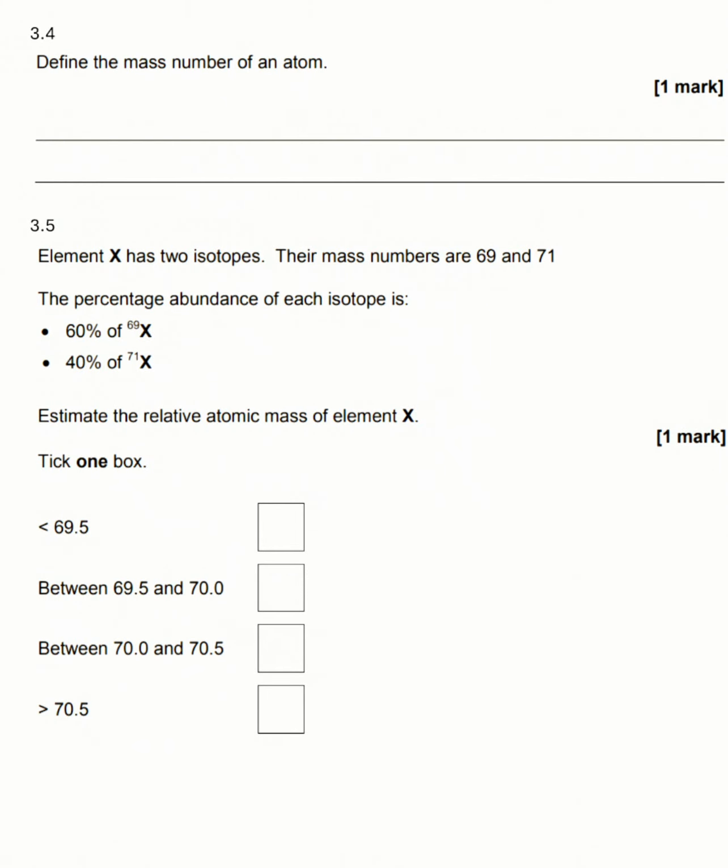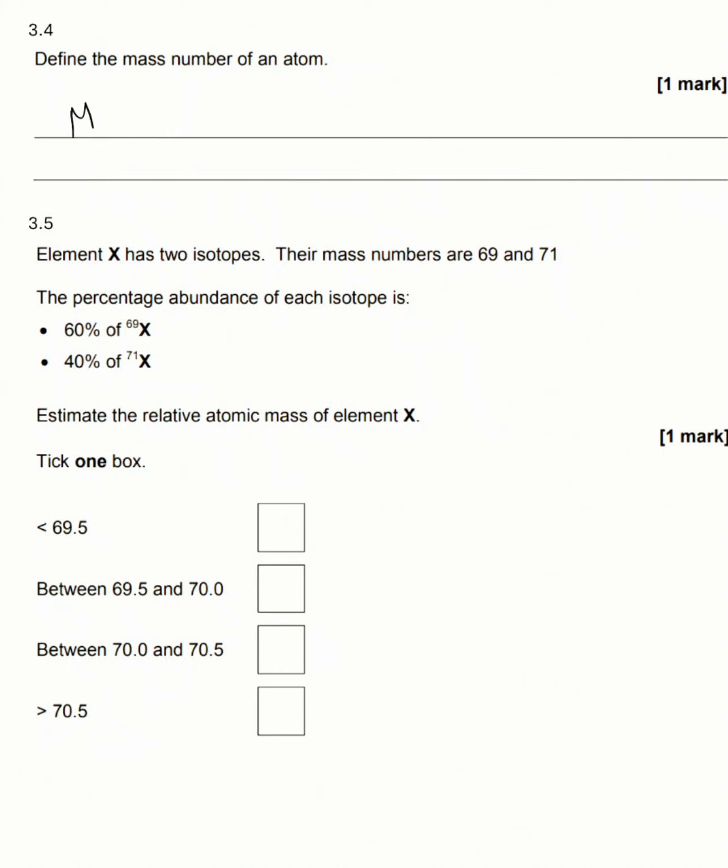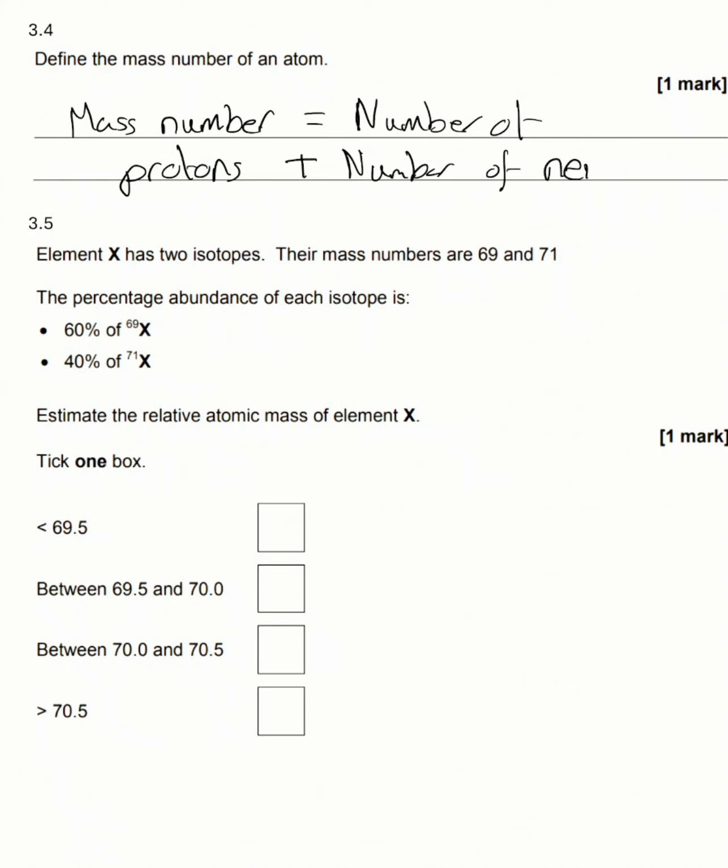Define the mass number of an atom. Now, although the mark scheme officially allows the word and, a lot of mark schemes don't. So be very careful that you always say mass number equals number of protons plus, or in words, number of neutrons.